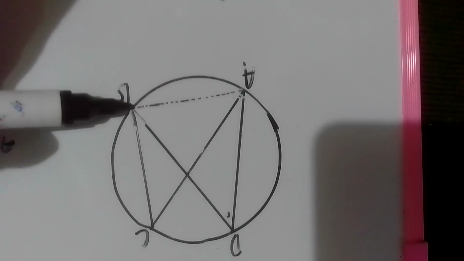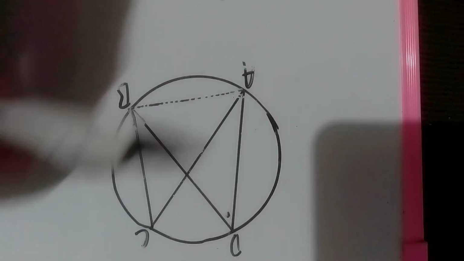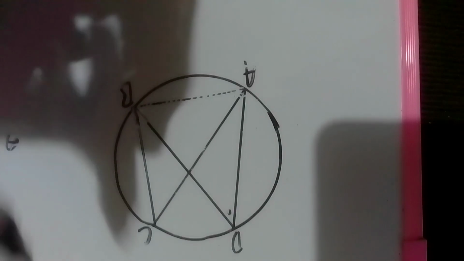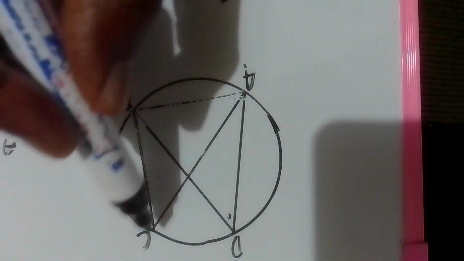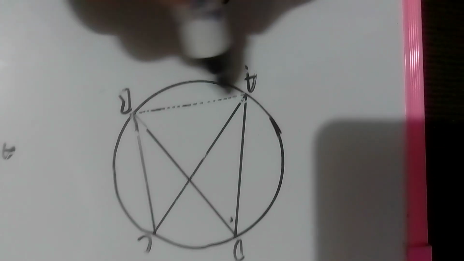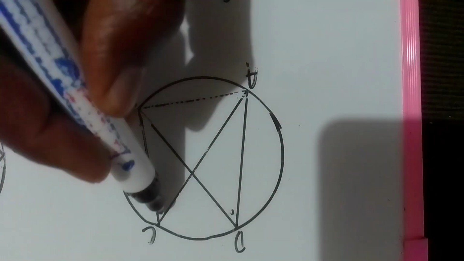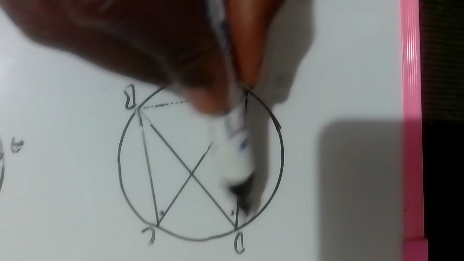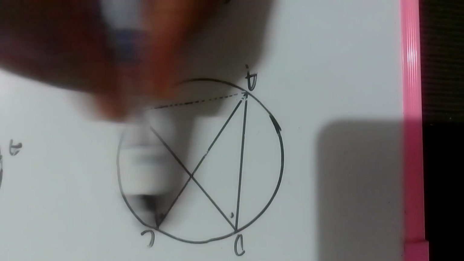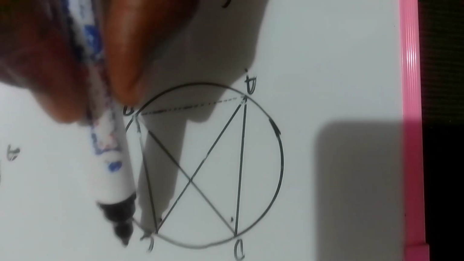Let's see. From point B and we go up, and from point A we go up. This angle C is the second angle that has been created by chord AB. Now, what happens? Both of these angles are found on the circumference, right?